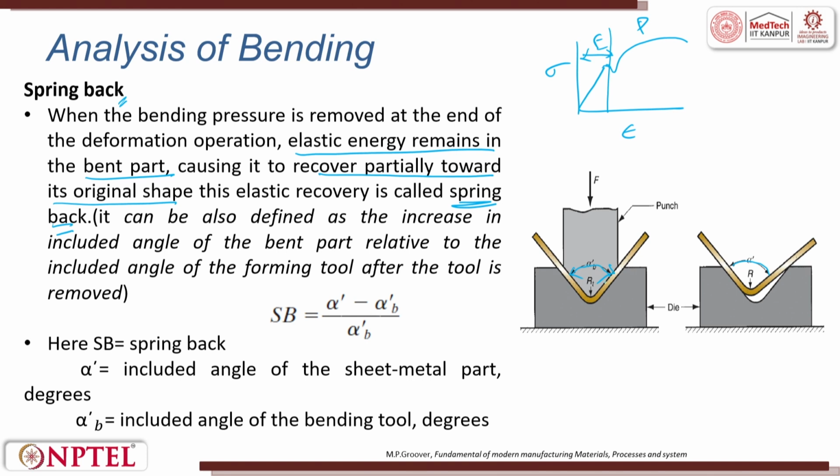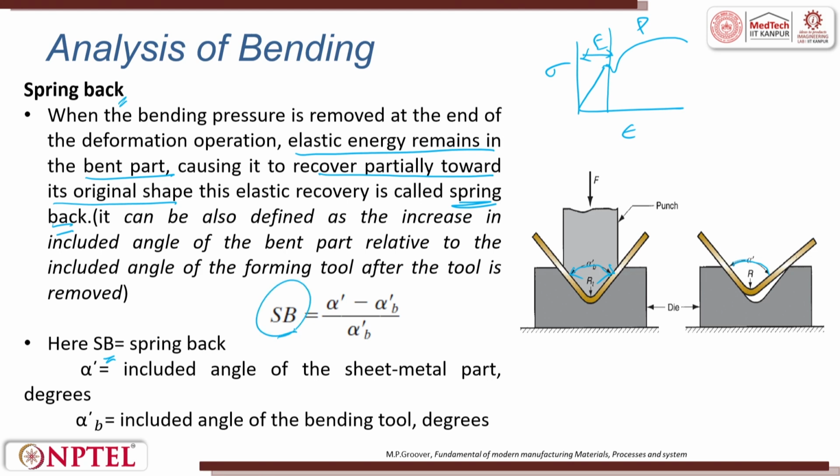So, the difference divided by the original will give the spring back. The included angle of the sheet metal part in degrees is alpha. This is alpha, right? Then the included angle of the bending tool in degrees is alpha b. So, the difference between these two is called the spring back.